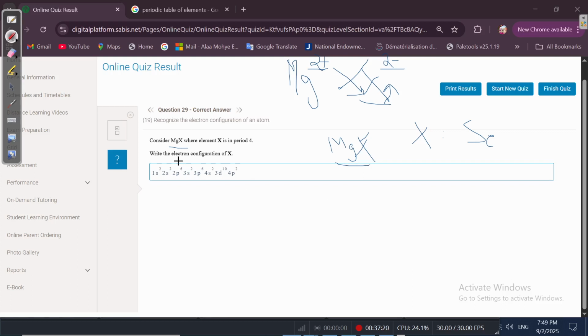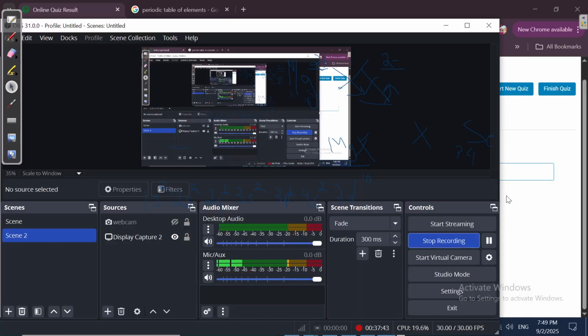Let's write the configuration. First, let's write the configuration. So it's 34. So 1s2, 2s2, 2p6, 3s2, 3p6, 4s2. How much did it reach? 20, and then 3d10. And then what comes after it? I actually don't know. Let me check. So let's check together.